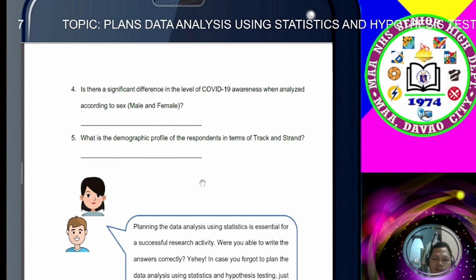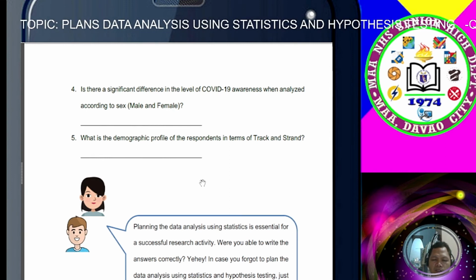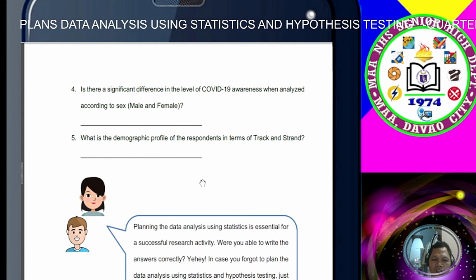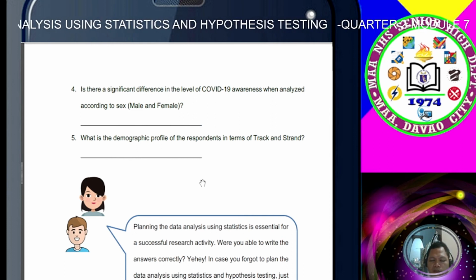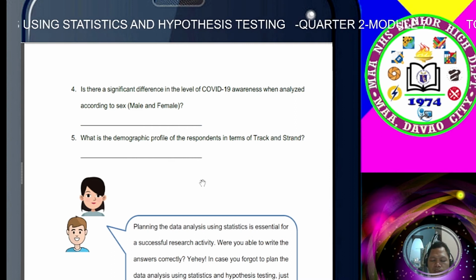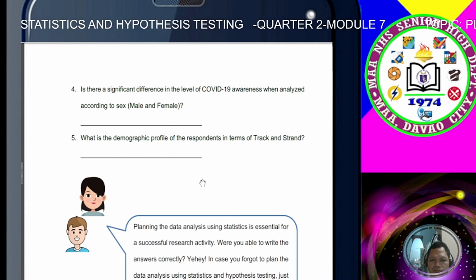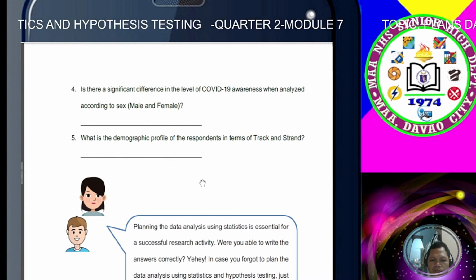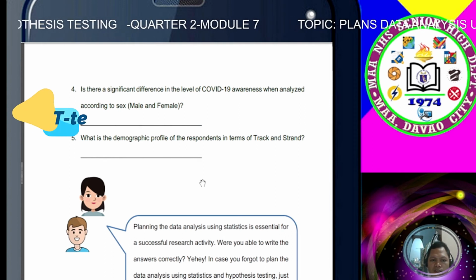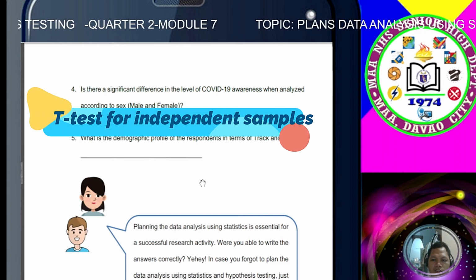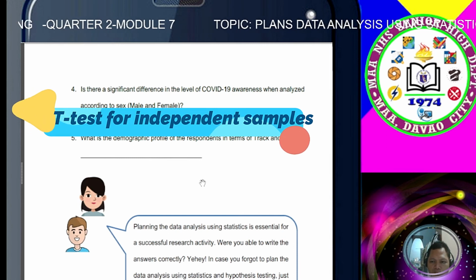Is there a significant difference in the level of COVID-19 awareness when analyzed according to sex, male and female? Take note, this is coming from 2 different groups. The correct answer is we'll use the t-test for independent samples.